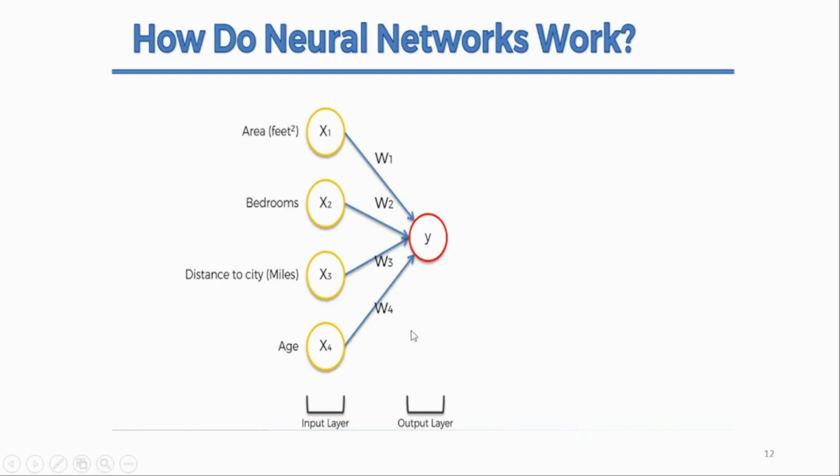And then the output layer will obviously be based upon some criteria, some conditions, and different weights are assigned. For example, for area, we assign a weight w1 to this input. Let's suppose we require a 500 square feet house. If we find a 500 square feet house, we will assign a weight w1.